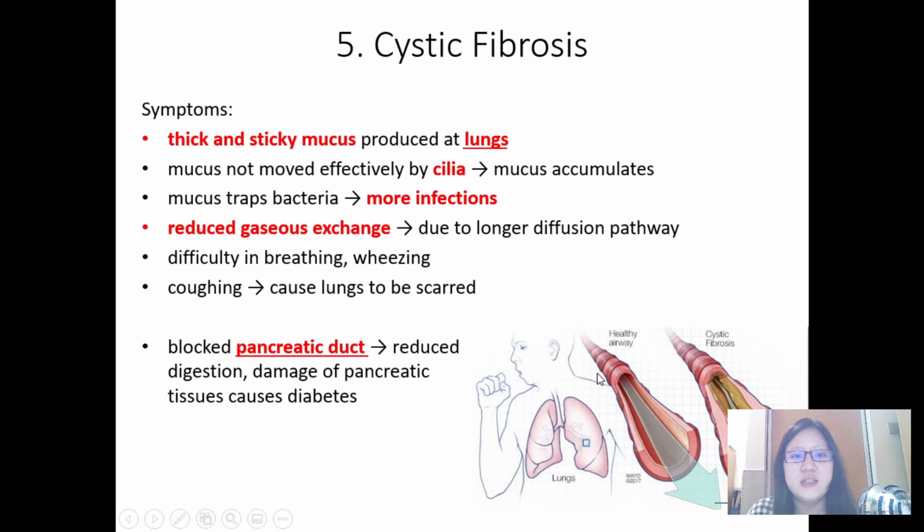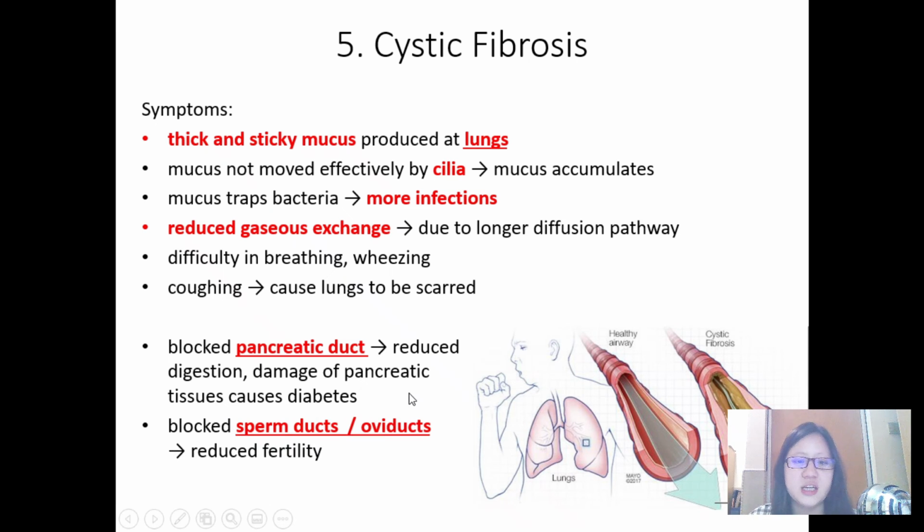Well, CFTR proteins are actually found not only at the respiratory pathway, but also at the pancreatic ducts. So this might be a problem because of reduced digestion, and damage of pancreatic tissues may cause diabetes.